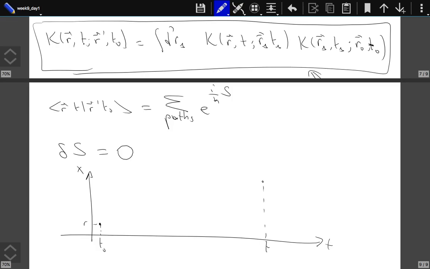Now this tells me that to calculate the total amplitude for my particle to go from r0 at the time t0 to the point r at the time t, just take some time in between. This is what previously I called t1. Let me just take t1 over here.